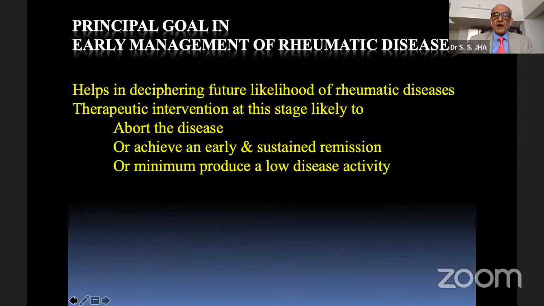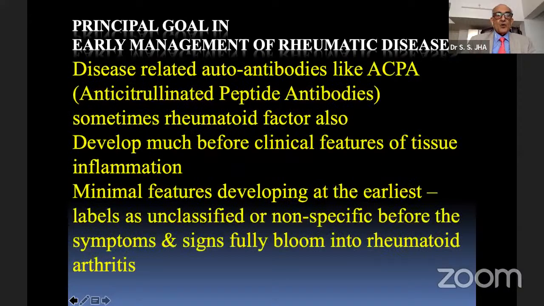Now, why do we want to discuss this topic today? Because the principal goal is early management of rheumatic diseases, which helps in deciphering future likelihood of rheumatic diseases. Therapeutic intervention at this stage is likely to either abort the disease altogether or achieve an early and sustained remission or at minimum produce a low disease activity. And this is very important.